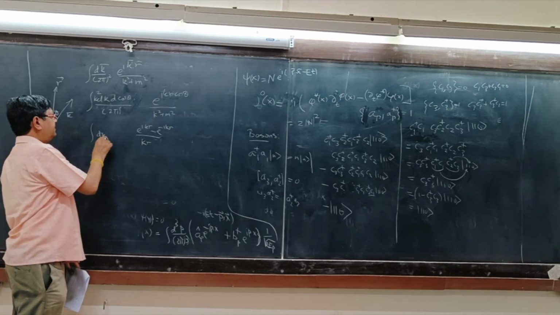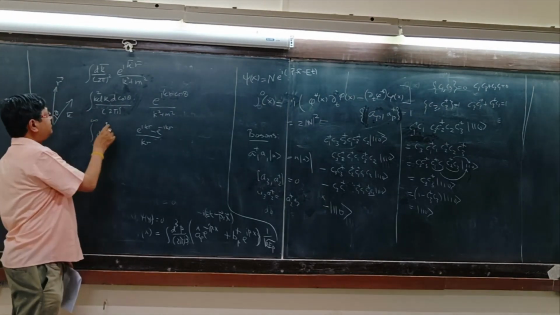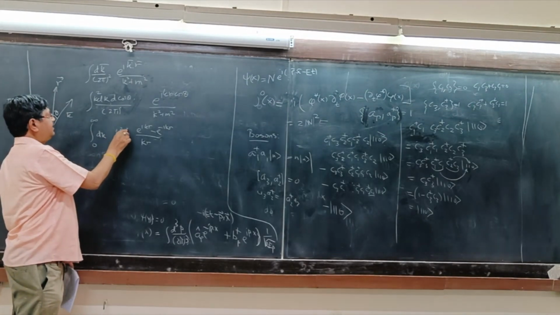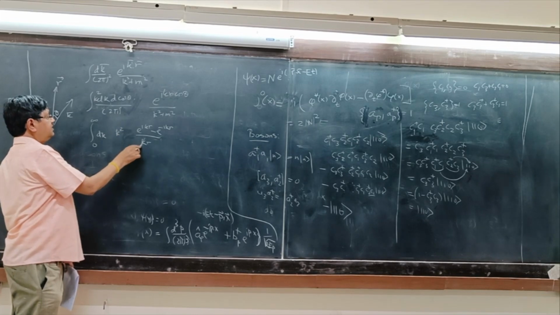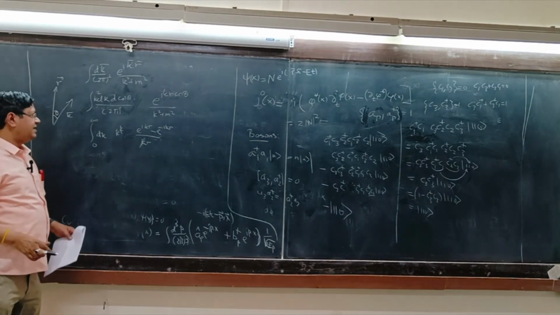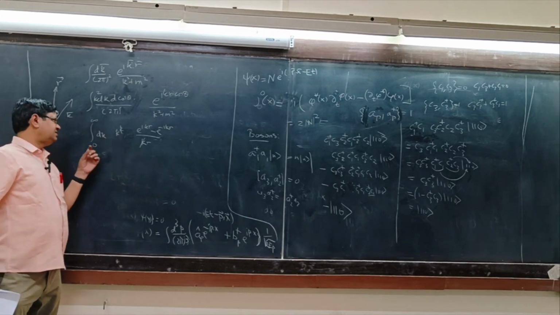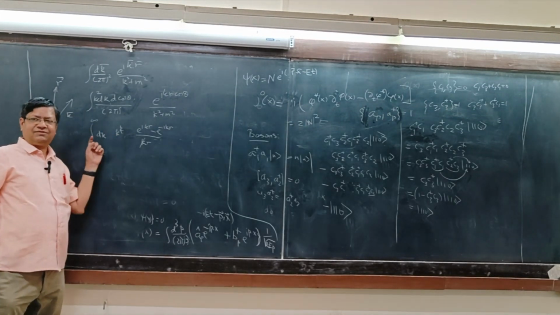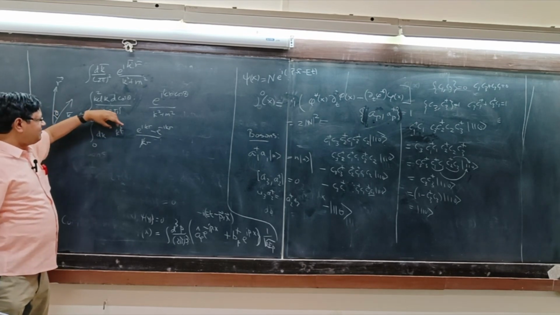This is coming from the theta integral. And my dk is going from 0 to infinity. There is a k coming from k squared dk, so this cancels one k. Now this function, I want to extend this integral from minus infinity to plus infinity.